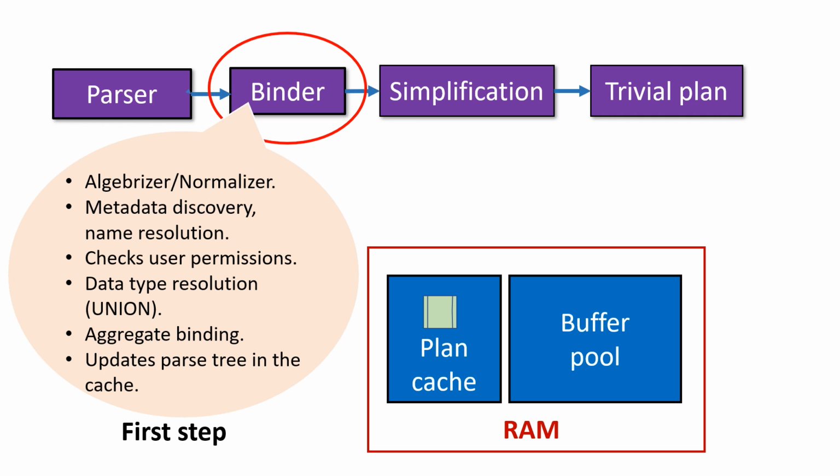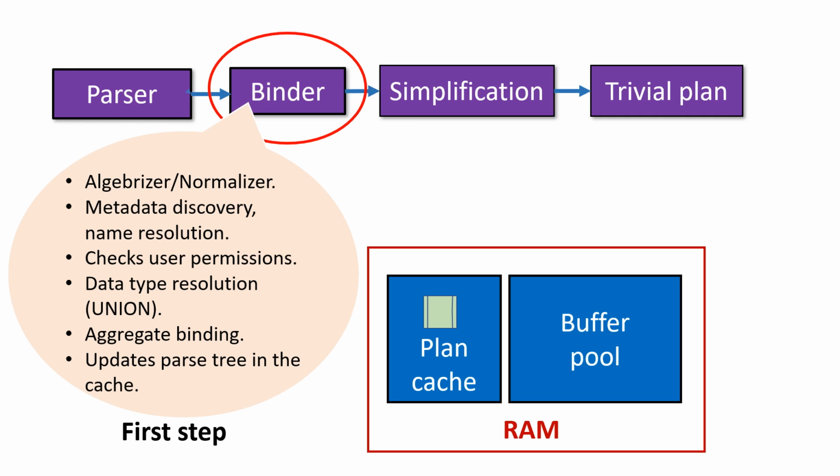The parser will just identify the syntax, but the binder is the one which will validate the objects as well as the tables, whether they are valid or not. And checking the user permissions happens here, like whether the user has enough permissions to run those objects. Those kinds of user permissions are checked here.